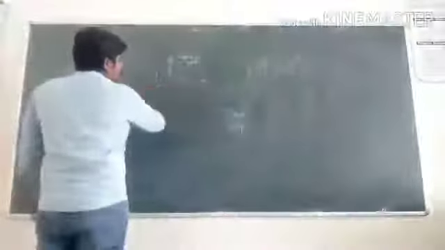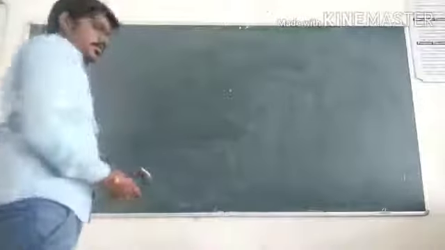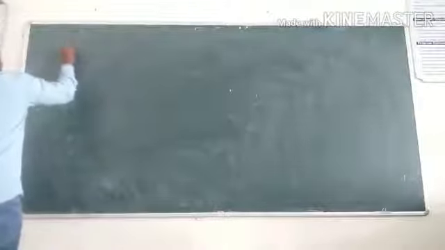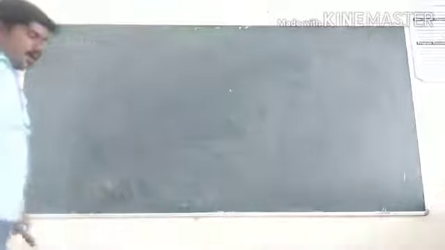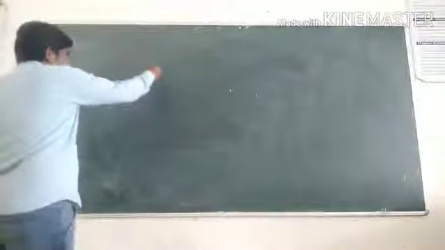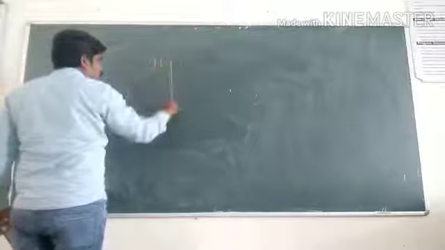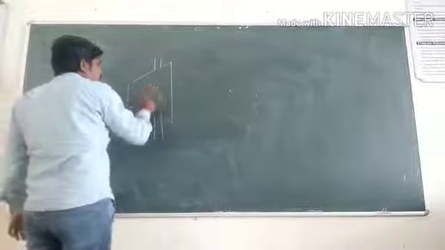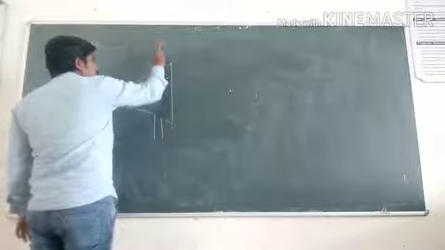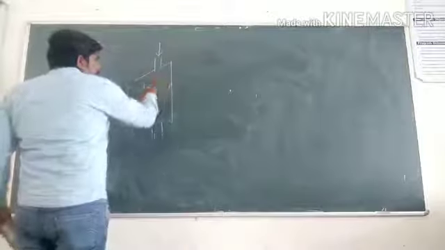Then we have one more important component, the condenser. What is the function of the condenser? When the steam is imparted on the plate, it starts rotating and indirectly rotates the shaft.